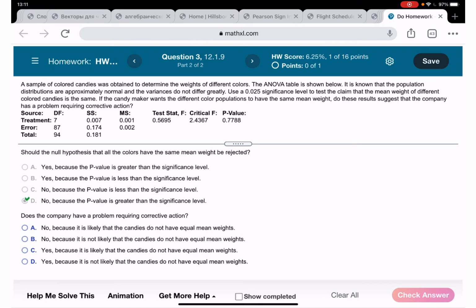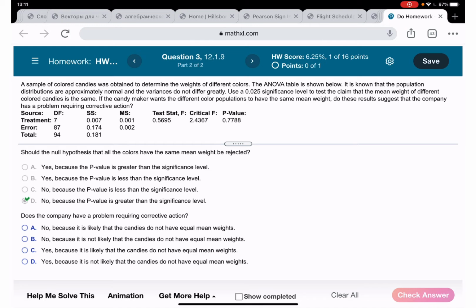But which one is it? Because it's likely that the candies do not have equal mean weight, right? If we fail to reject our null hypothesis, that means we support it, correct?